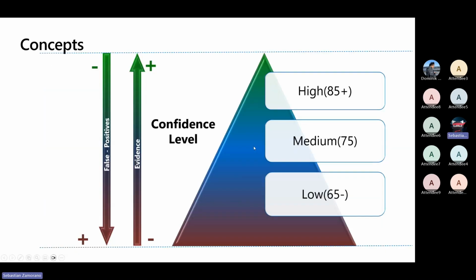The big deal is that normally when we set high confidence, with more supporting evidence and information, the false positives are reduced. But if we reduce the confidence level, the false positives will increase.